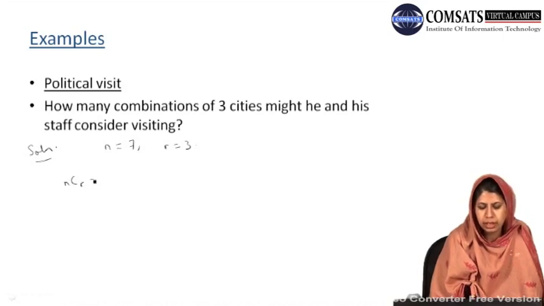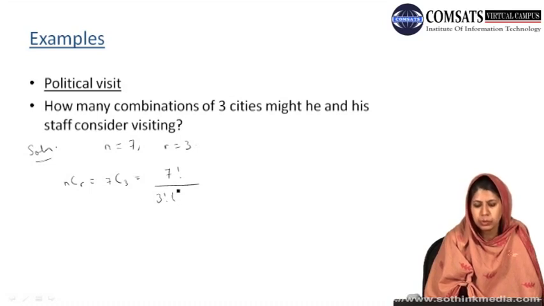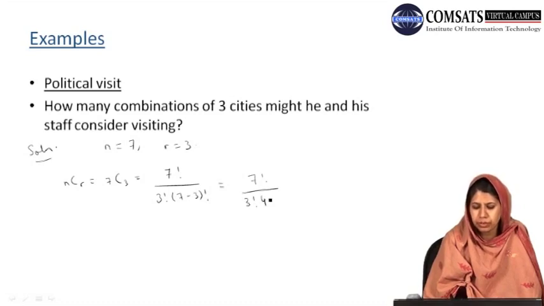And nCr will be equal to 7C3, which by using the formula is 7 factorial over 3 factorial into 7 minus 3 factorial, which is 7 factorial divided by 3 factorial into 4 factorial.